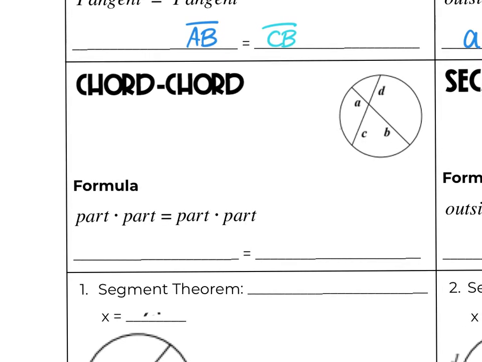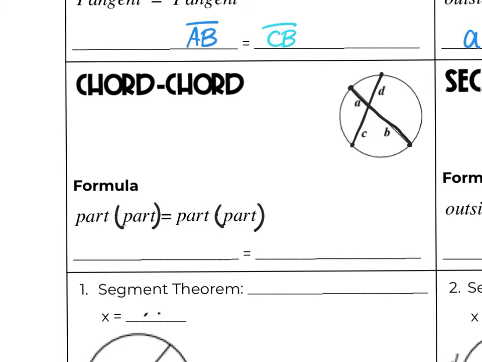Okay, chord. A chord is going to have endpoints on the circle like this. You'll notice that it doesn't extend past the circle or outside the circle like a secant did here. It stays fully within the circle. And it's part times part equals part times part. Let me actually change that. Let's put parentheses, because that confused some kids earlier.